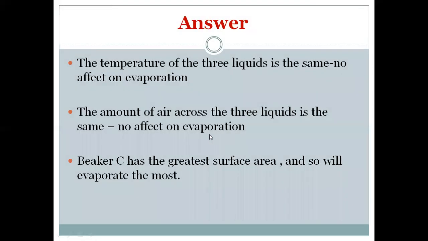The answer. The temperature of the three liquids is the same, so no effect on evaporation. Second one, the amount of air across the three liquids is the same, so no effect on evaporation. Beaker C has the greatest surface area, so the evaporation will be the most.